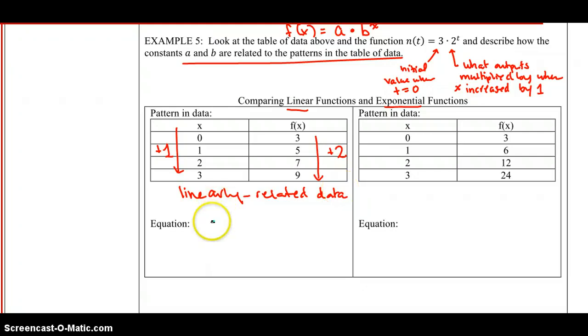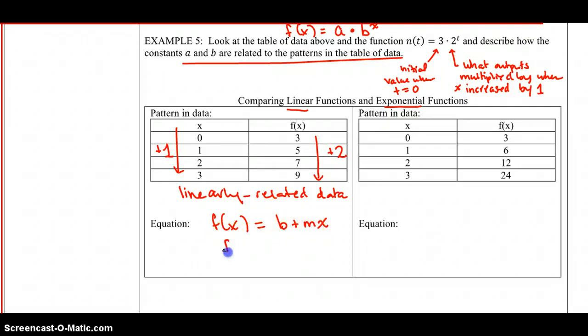Which means that we have f of x equals some constant. When we looked at the calculator, or we'll use the notation from algebra, like b plus mx, or mx plus b, but in class I've been writing it this way to emphasize our initial quantity and then how much it went up or down.